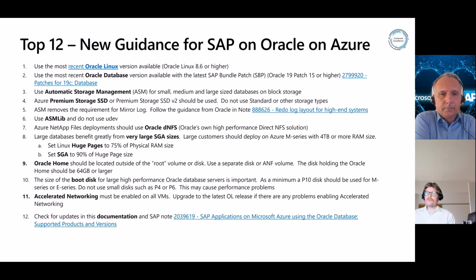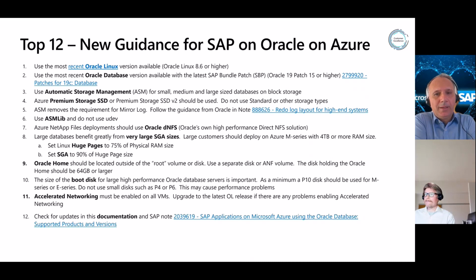But Oracle have been using ASM with their engineered systems, their Exadatas, for many years. And our Oracle partners, they tell us ASM is absolutely the way to go. It should be the default choice for SAP on Oracle on Azure.